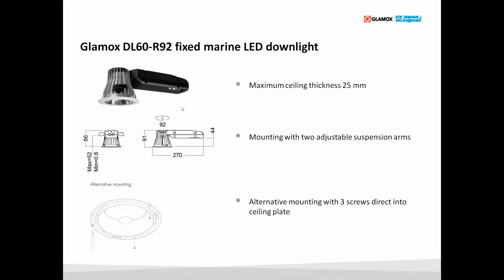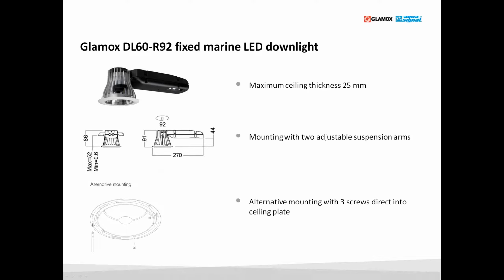What we are not showing so much here is that on all our downlights you also have a possibility for alternative fixing without these suspension arms, where you can place holes through the ring under. So this is a screw suspension that you can fix into the ceiling also, as you see here.